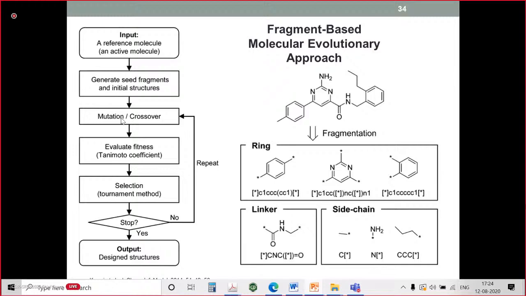Crossover is completely changing one side with another side. Then all molecules are evaluated by the fitness score, the Tanimoto coefficient, which shows you the biologically similar molecule. Then those are selected and compared. If we get the right kind of designed molecule with a better Tanimoto coefficient, then we stop. Otherwise, we repeat this process.